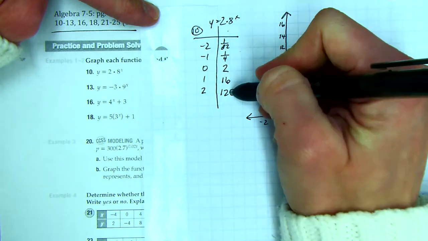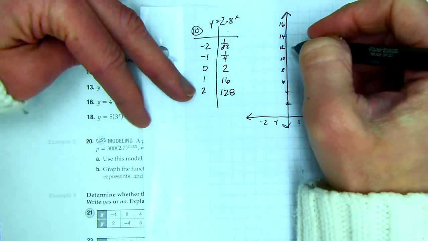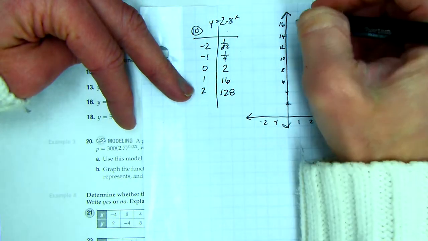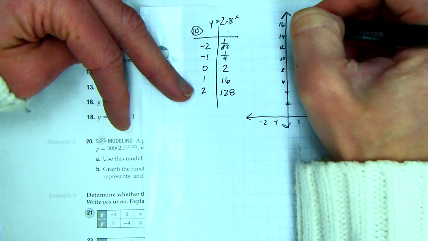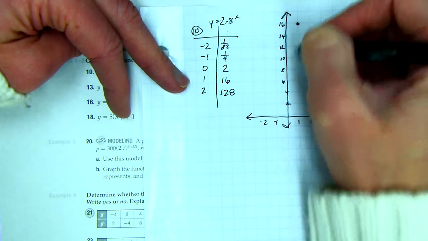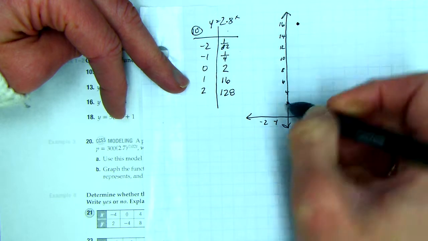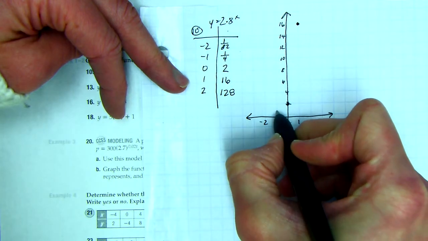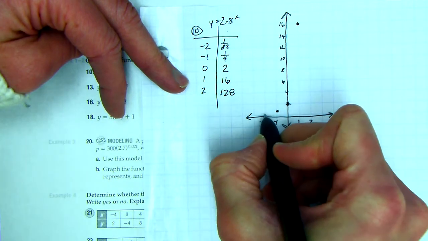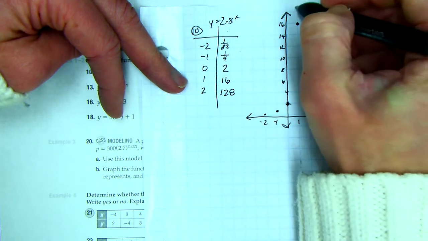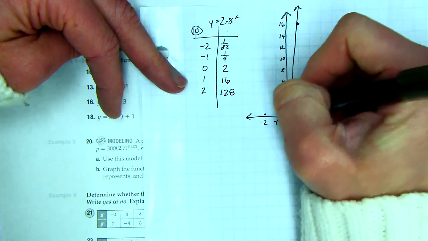Okay, so I can't even graph this one on there. I'm not going to worry about it. So 2 is at 128, way the heck up there. 1 is at 16. 0 is at 2. -1 is at 1/4. And then 1/32. And there you have it.